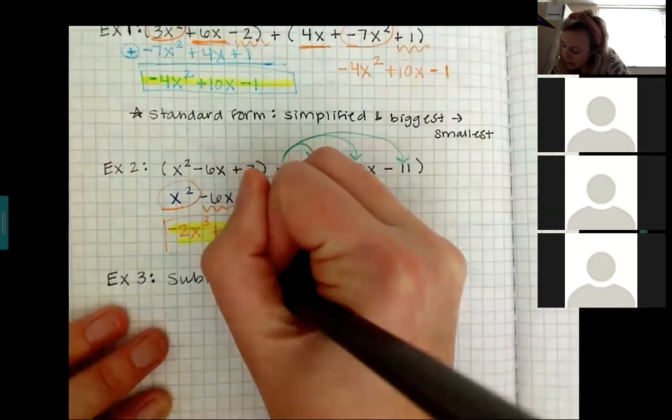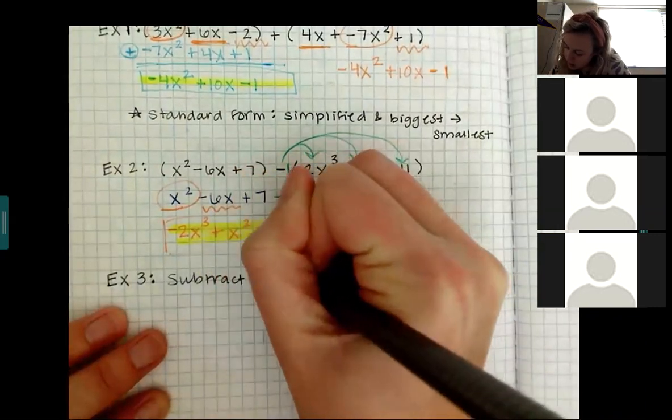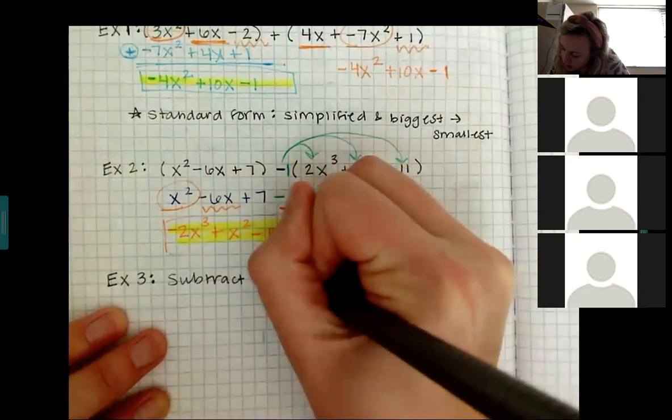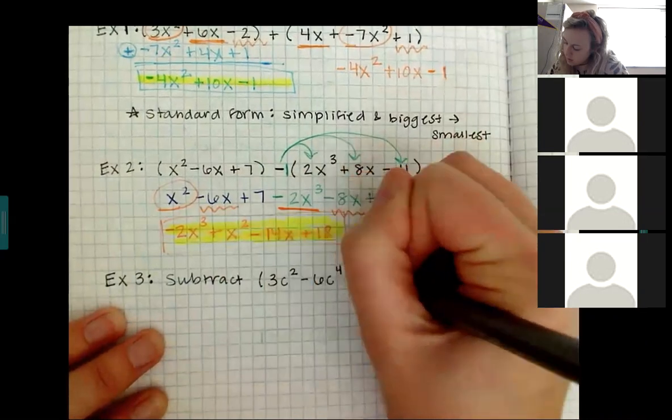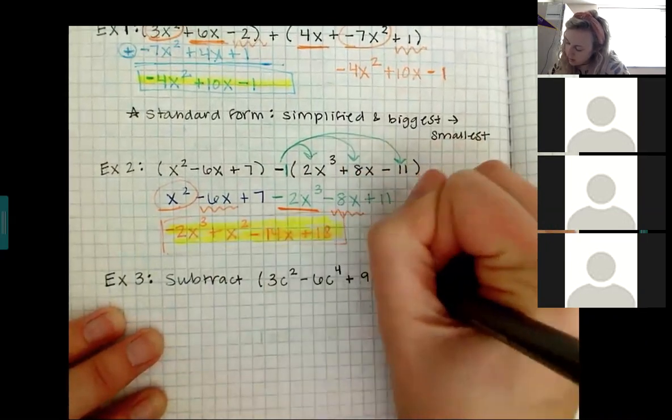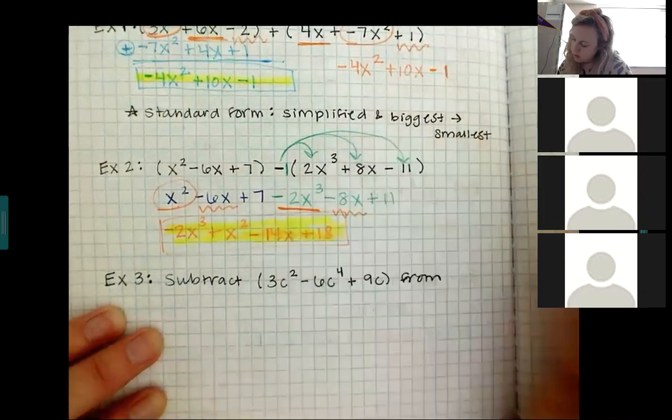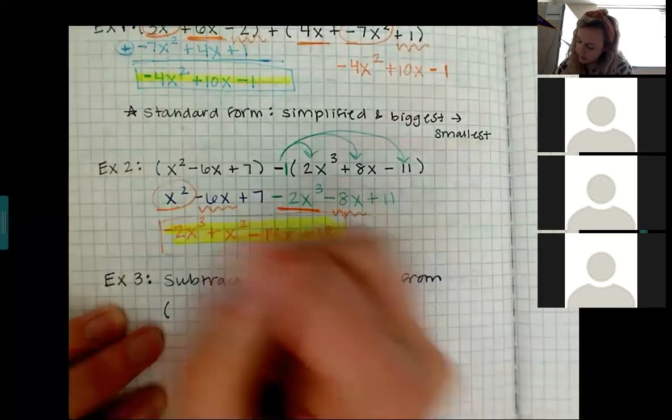All right, subtract 3c squared. C from, he said 724.